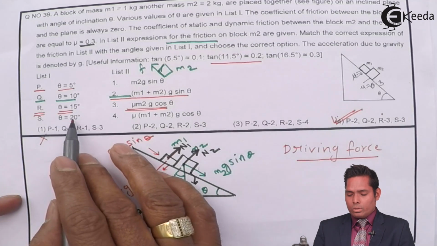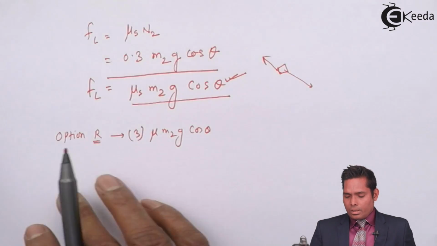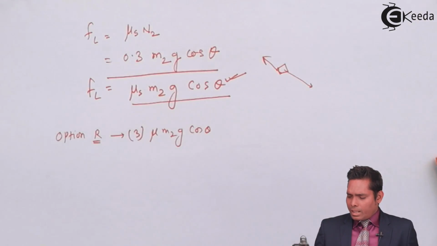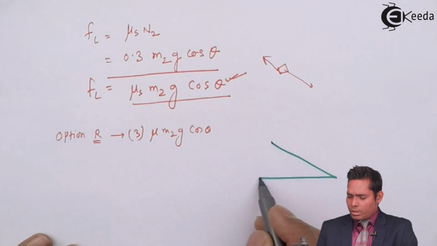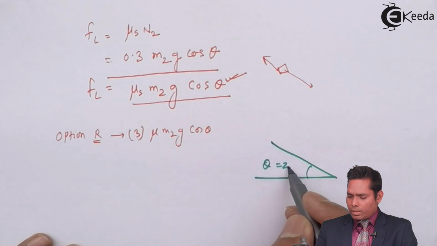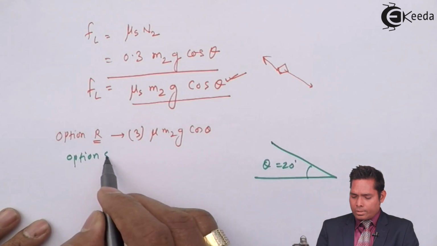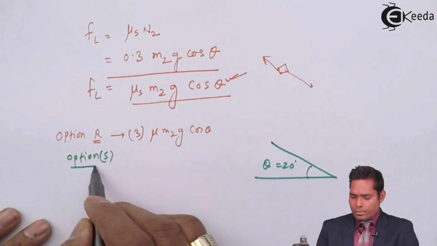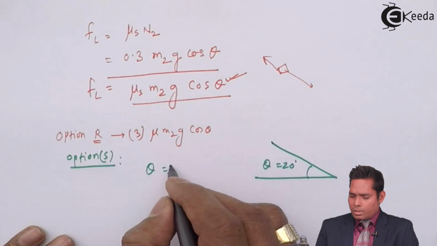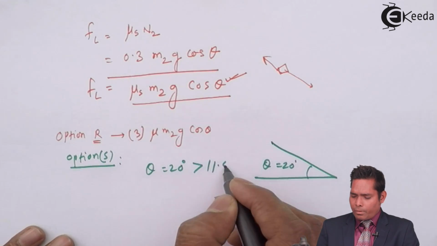At theta equals 20 degree, and you can see that if I have the situation and I take theta as 20 degree, then this is for option number S. Theta is 20 degree, which is greater than 11.5 degree.